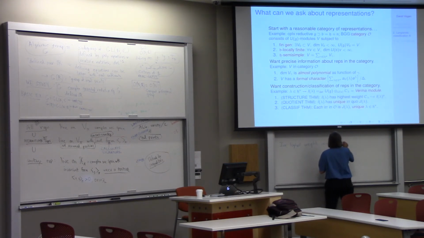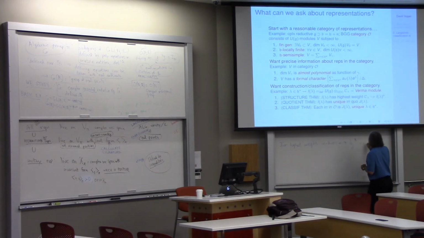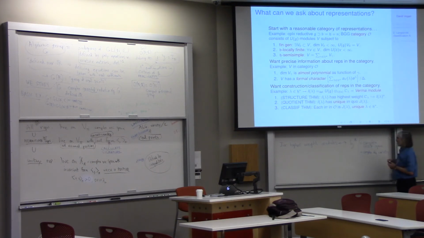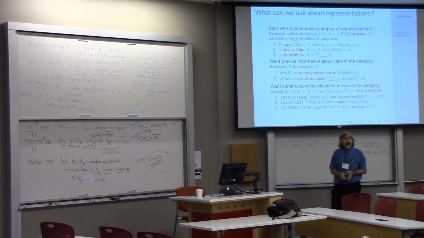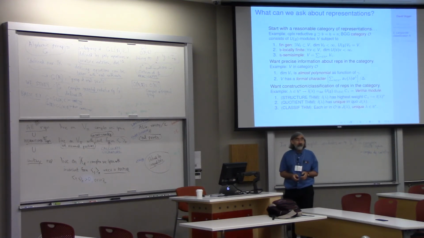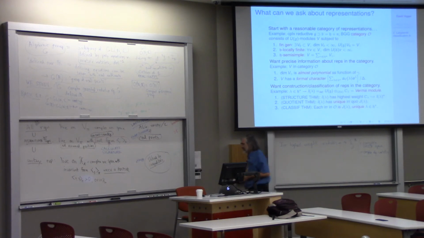These things are parameterized by H star, which is a complex vector space, and therefore is a complex algebraic variety. So that's wonderful. But inside is somehow a discrete set of finite dimensional. That's correct.